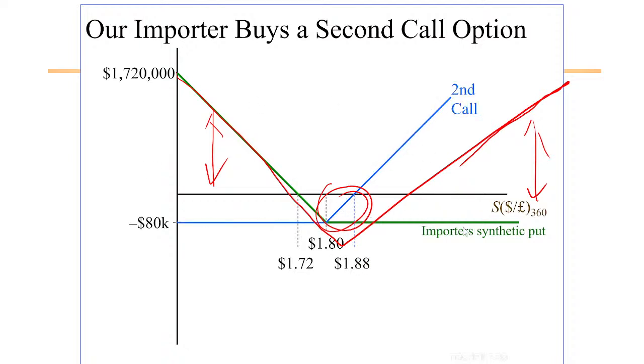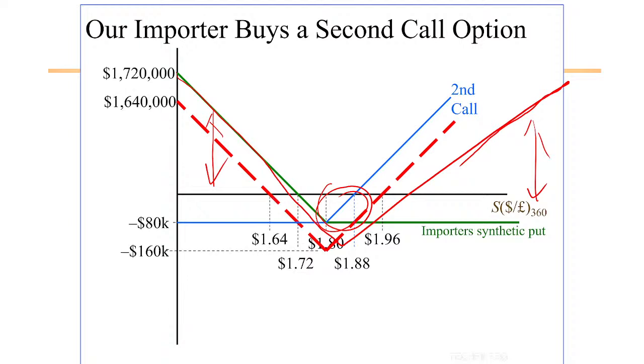So essentially, with the green synthetic put, if we buy a second call option, you see you have the upside potential right there. So together, it's what we call a straddle.